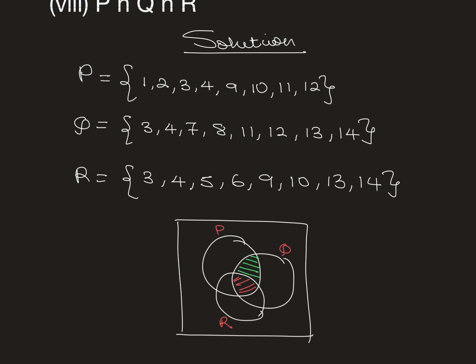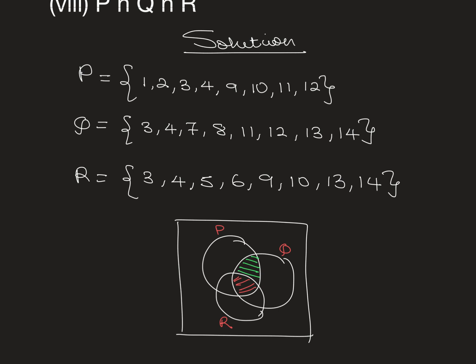So 11 and 12, the position is going to be here, not here, because we do not have 11 and 12 in set R, as you can see. So remember, this point is the common point for all of them. So whatever number you're going to write here must be a number that is present in all the sets.